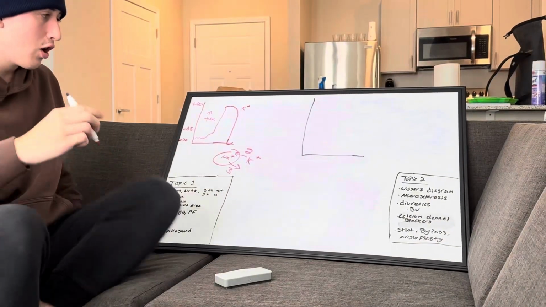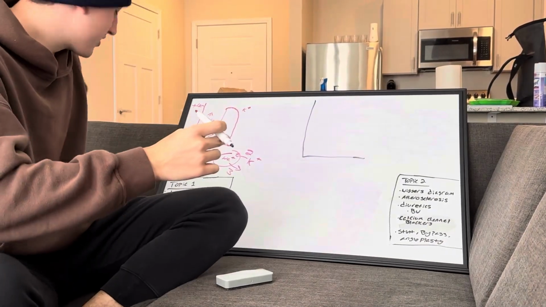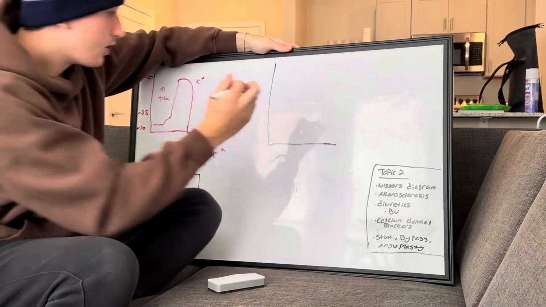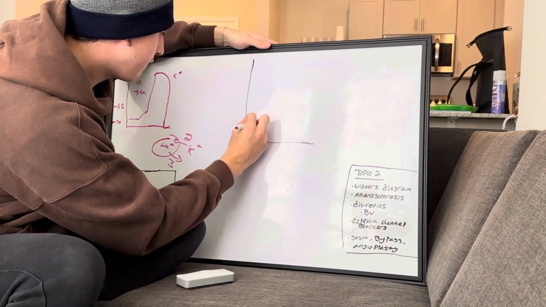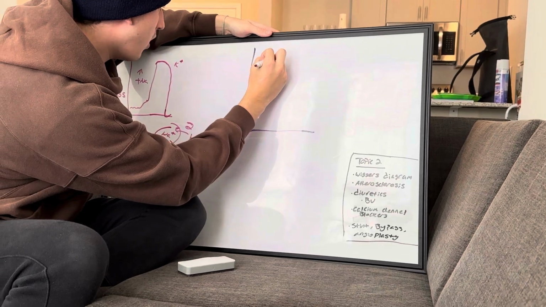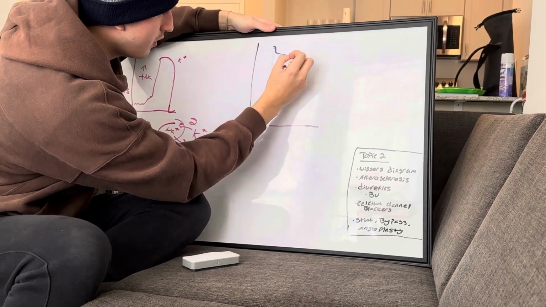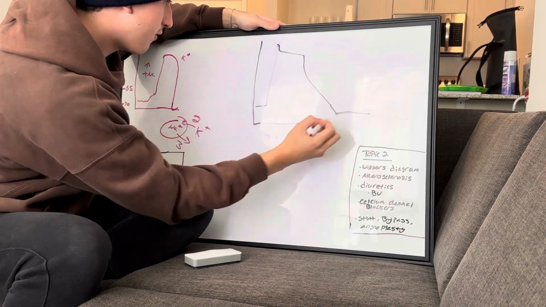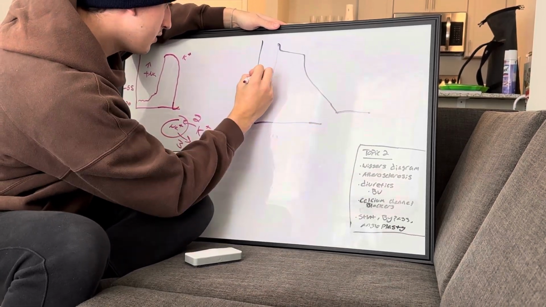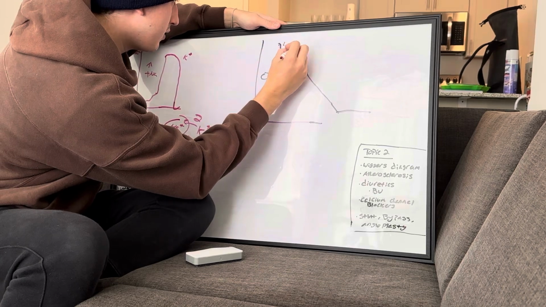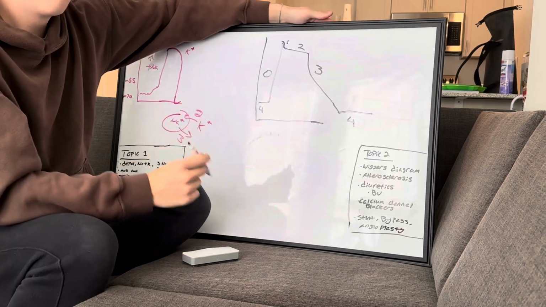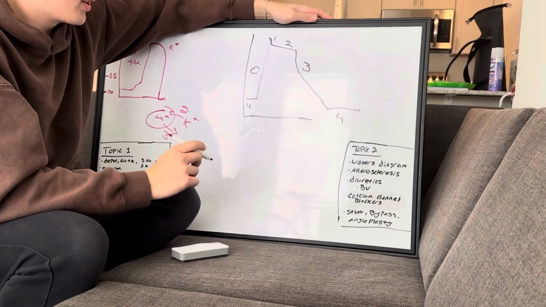The difference for cardiac is you have different phases: phase 4, phase 0, phase 1, phase 2, phase 3, and then phase 4 again. Phase 4 is your resting membrane potential.